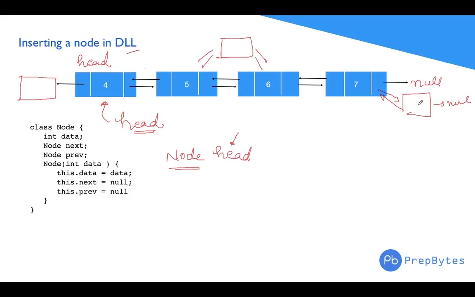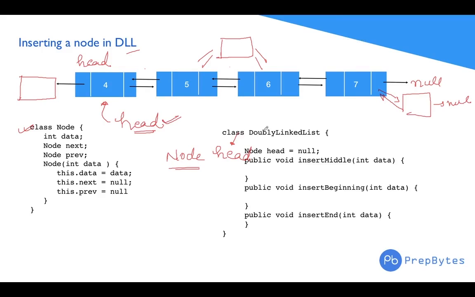Obviously for inserting the node, we'll have to create methods. We already have a class node. We need a class doubly linked list. We'll name that class doubly linked list, in which we will be maintaining this head, and then also we will be writing the required methods. So initially, let's say the list is empty.